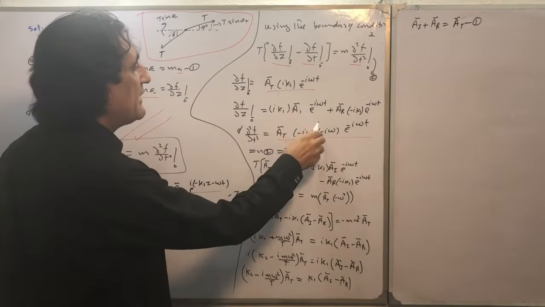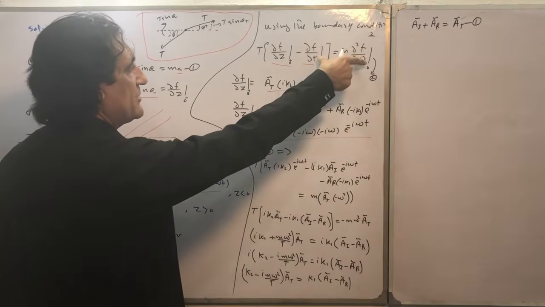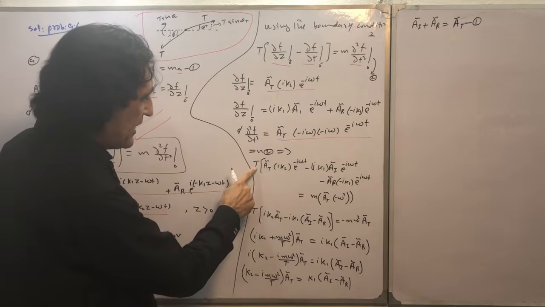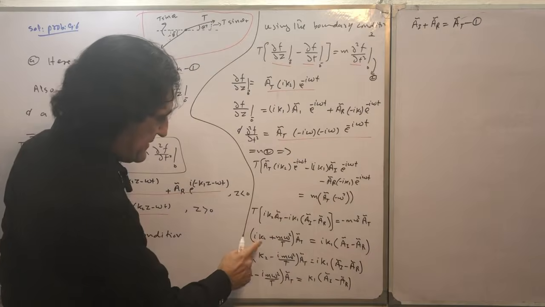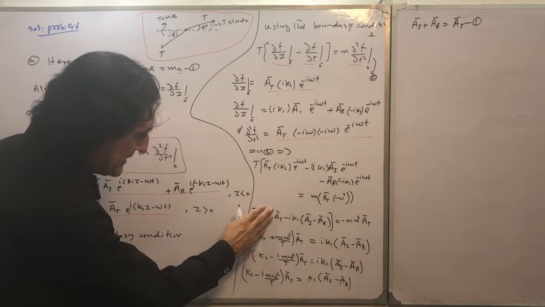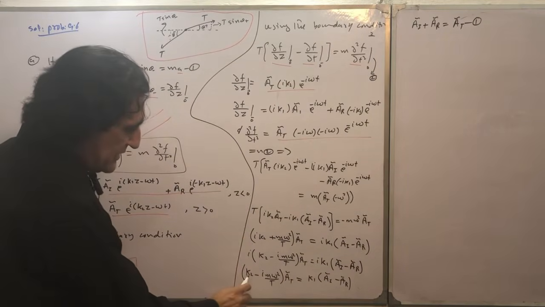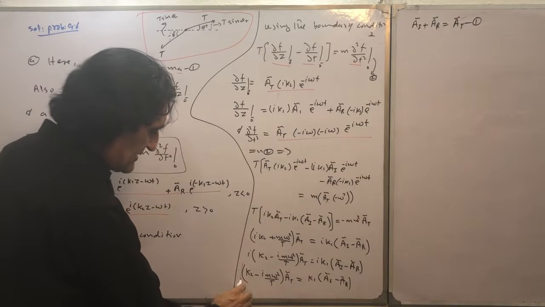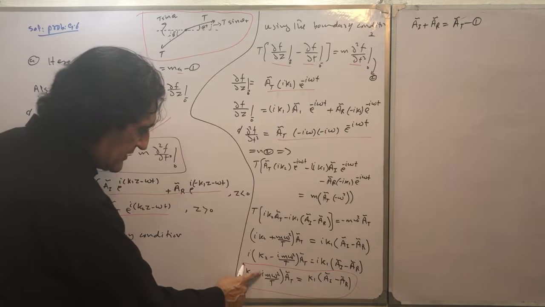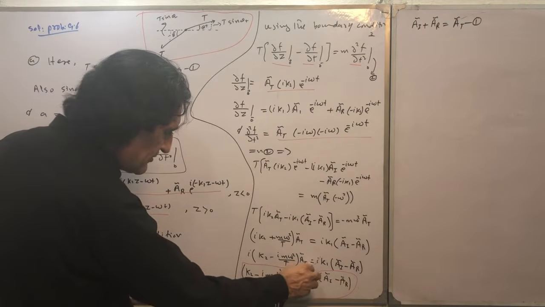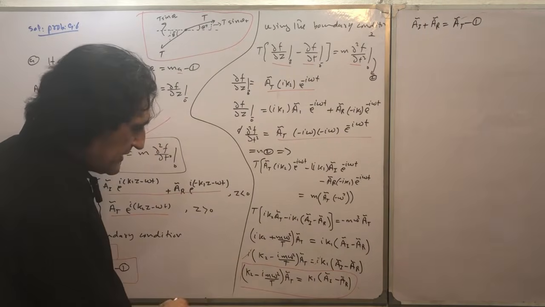Now putting all these three terms in equation number 2, we will have this, and then after some mathematical steps we can reach this equation: k2 minus iota, because this iota will cancel with this iota.